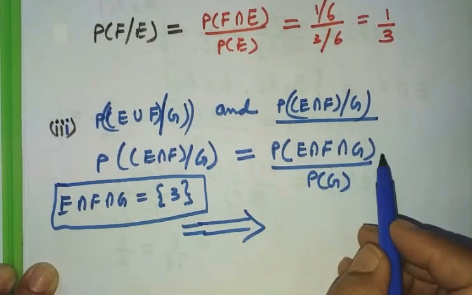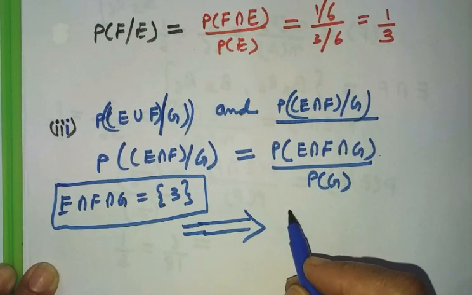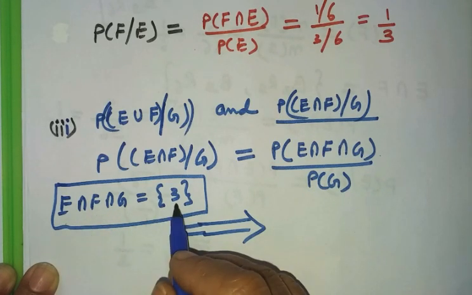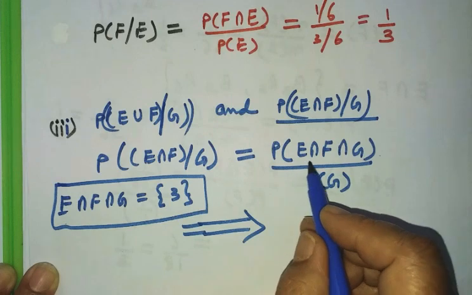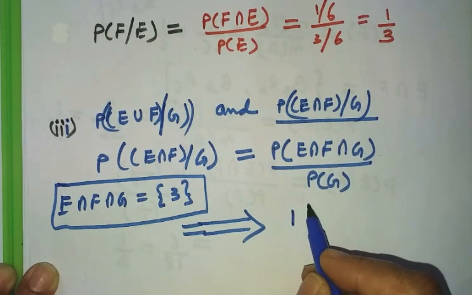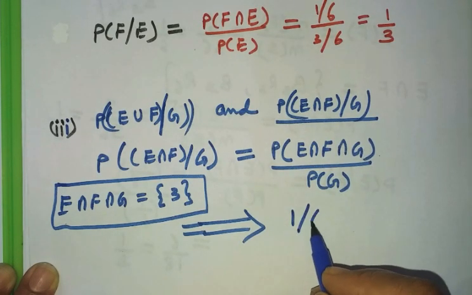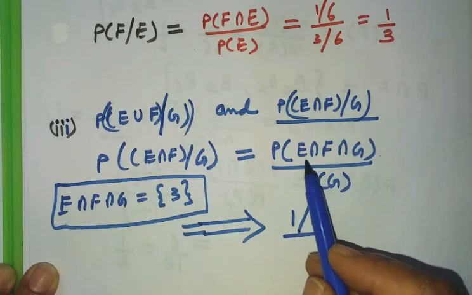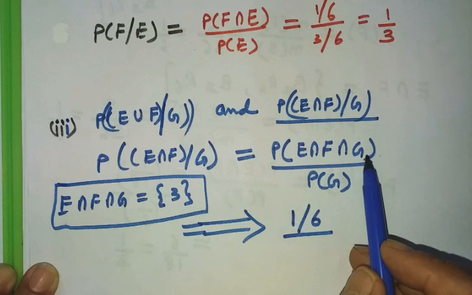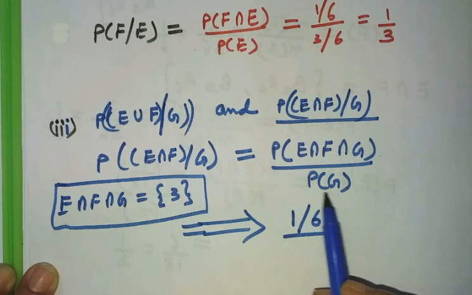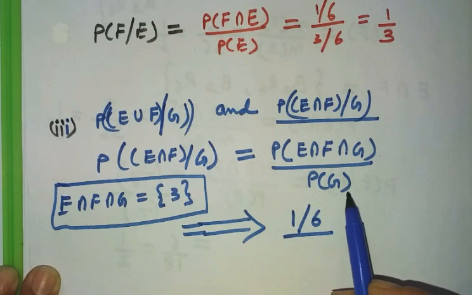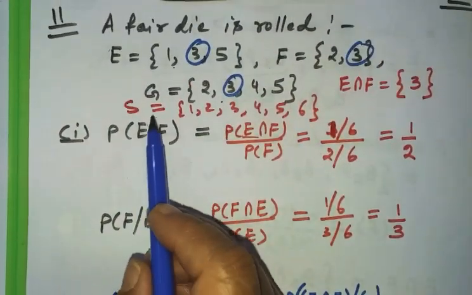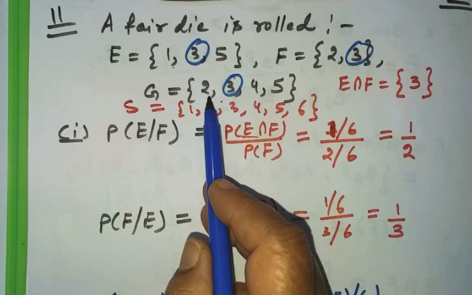So now the probability of E intersection F intersection G is equal to number of elements. How many elements are there in the set E intersection F intersection G? There is only one element. So the number of elements in this set is 1 divided by total number of elements in sample space. So this 1 by 6 is the probability of E intersection F intersection G. Divided by, now I have to write the probability of G. So let us again see what is event G. This is event G. How many elements has it got? 1, 2, 3, 4.